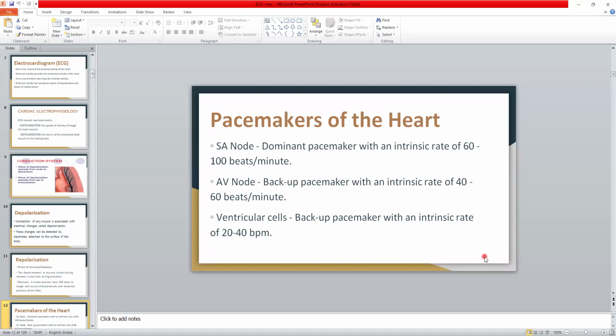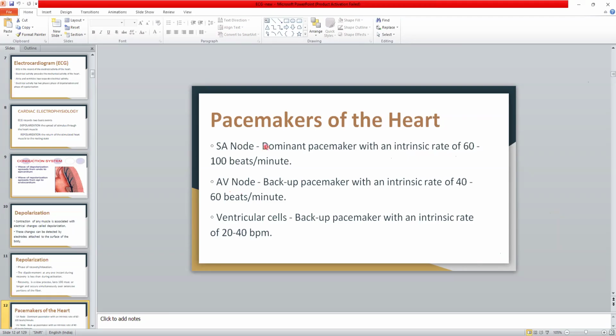Let us know about the pacemakers of the heart. The heart has a natural pacemaker known as the sinoatrial node, that is the SA node, which generates the electrical signals that cause the heart chambers to contract and pump the blood.